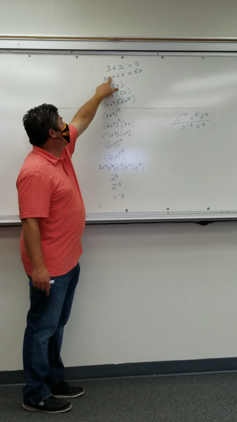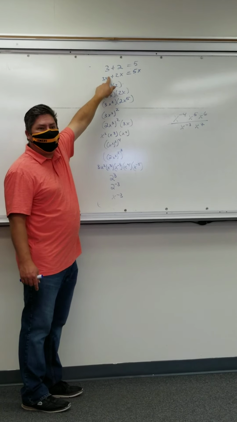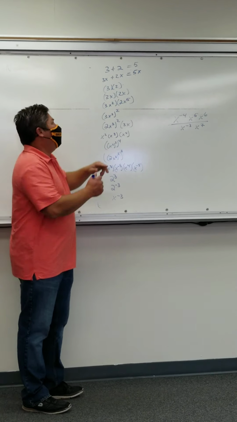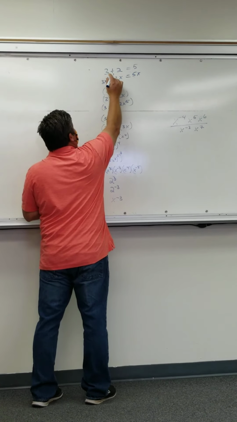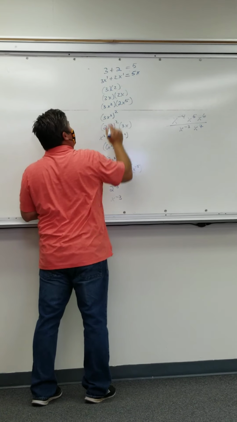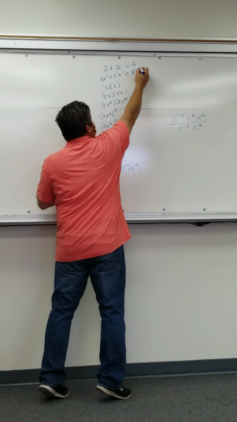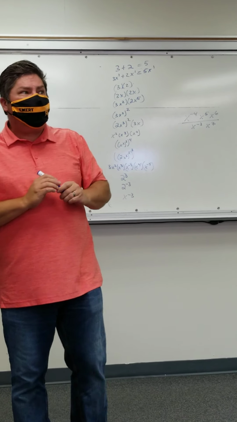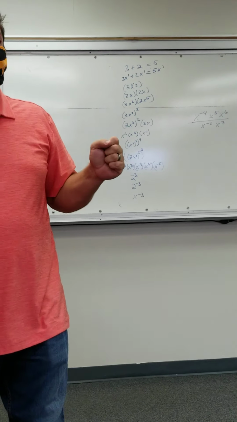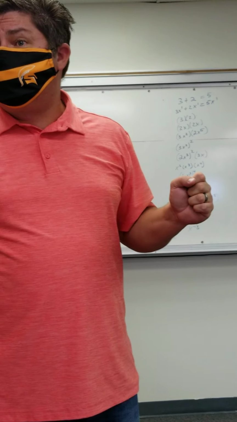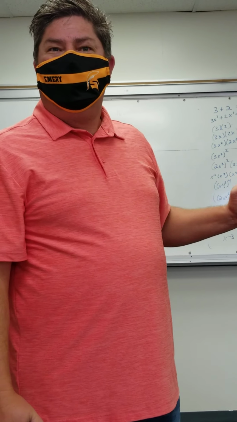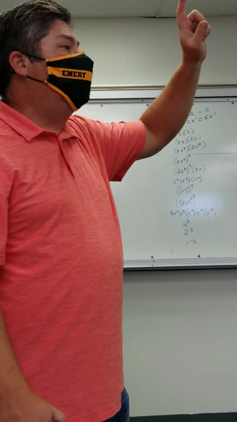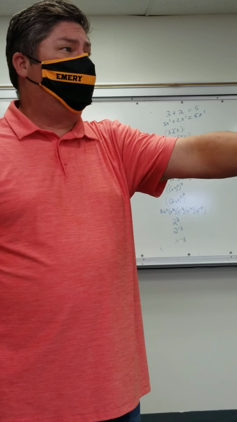What if it doesn't have an exponent? What is the exponent on that x? 1. Okay, so this is actually a 1. This is actually a 1. This is actually still a 1. That's why I asked her, are you sure it's not 5x squared? Because a lot of kids, what do they want to do? Add the exponents just like they added what? The coefficients. But remember, this is something I want you to write in your notes out to the side.